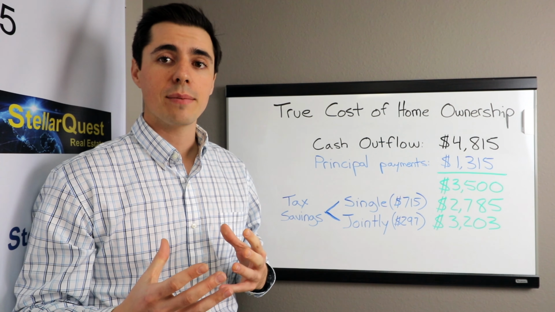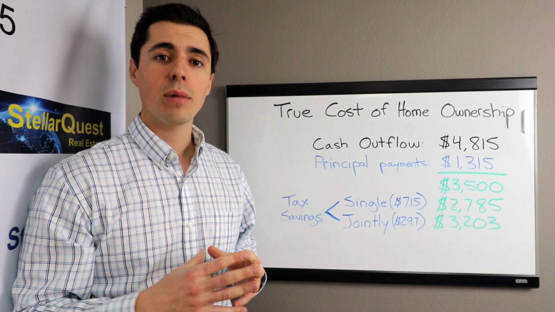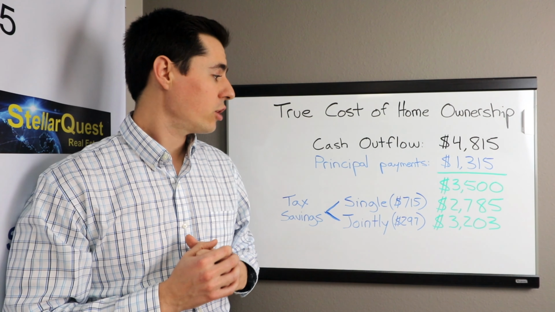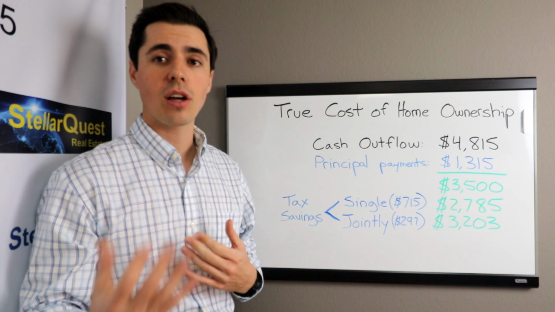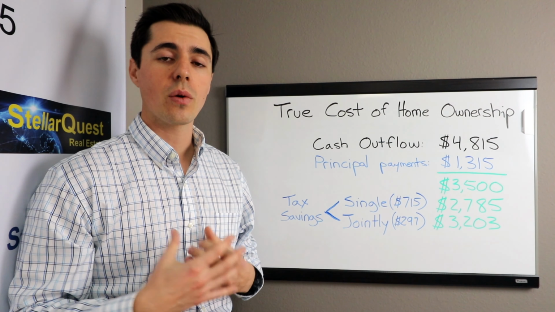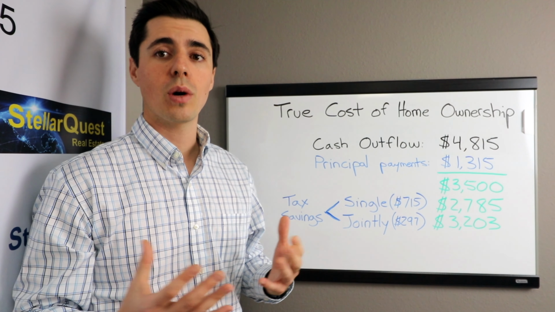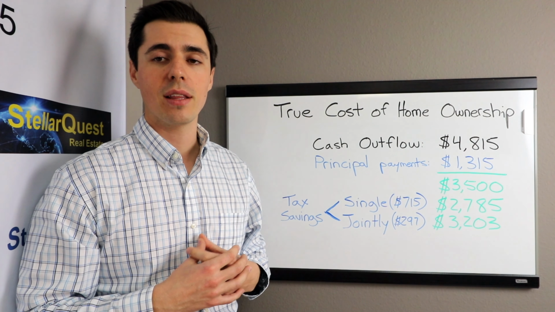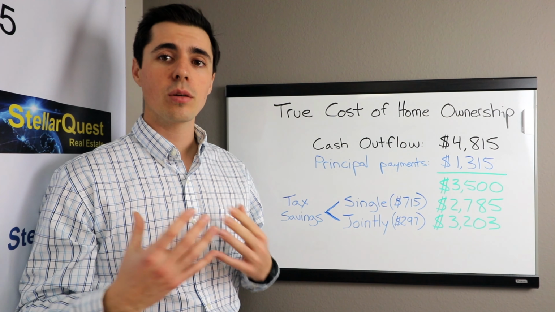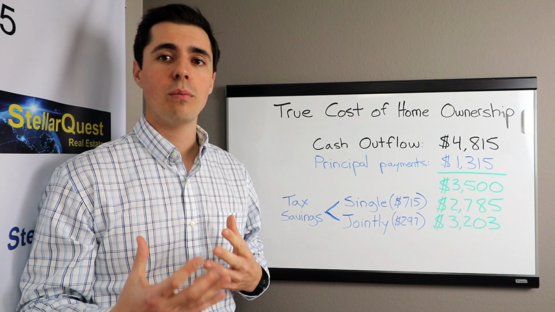So now if we look at people who are filing jointly, their monthly tax deduction would be $297 in savings, and so their true cost of home ownership would be $3,203 every month.